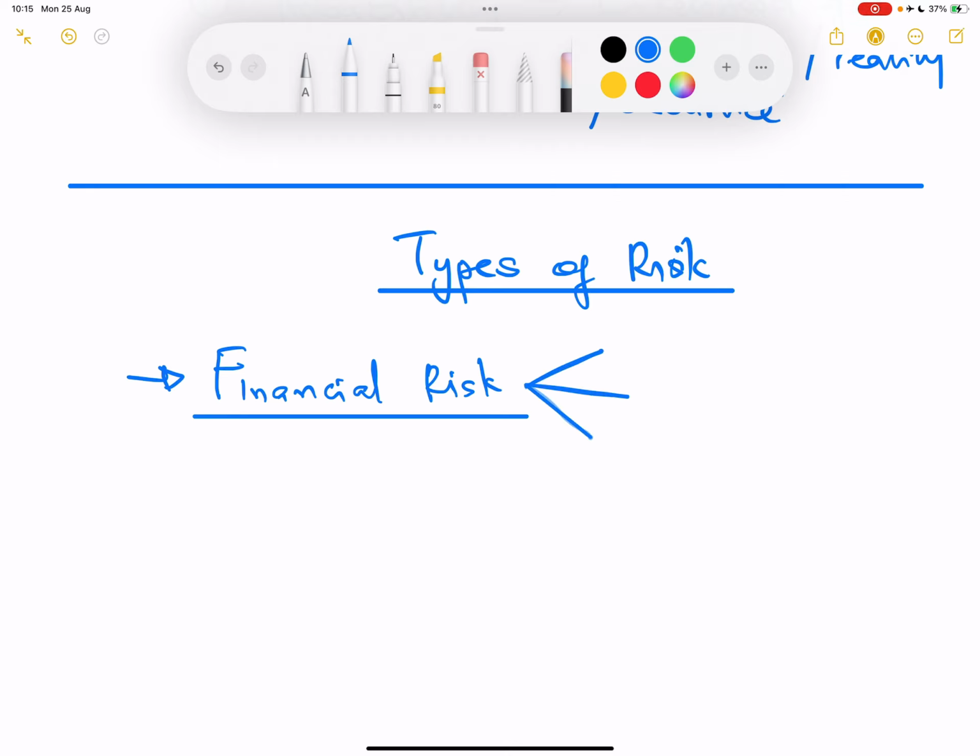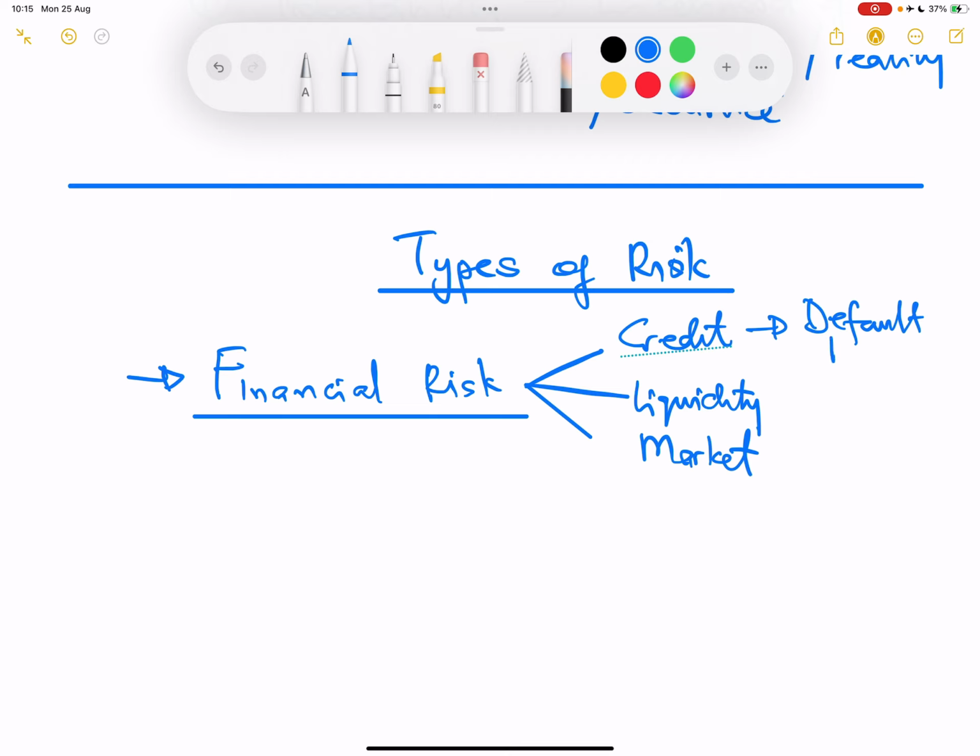And when you're talking of financial risk, there are three types of risks you are looking at. You are looking at the credit risk, you are looking at the liquidity risk, and you are looking at market risk. And quickly, credit risk is default risk, which usually comes as a result of the asset that you have. Take for instance, accounts receivable.